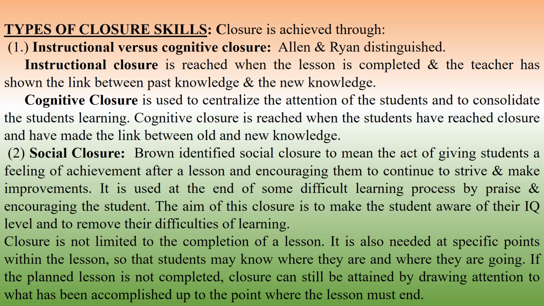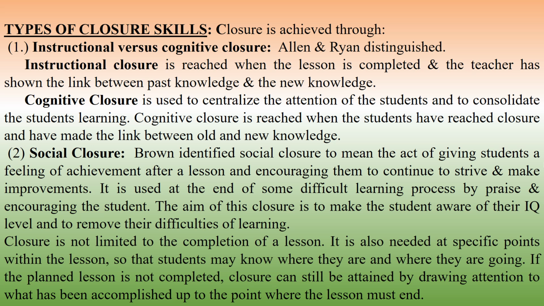Cognitive closure is used to centralize the attention of the students and to consolidate the students' learning. Cognitive closure is reached when the students have made the link between old and new knowledge. It should be used after the discussion with the students and at the end of the learning process.